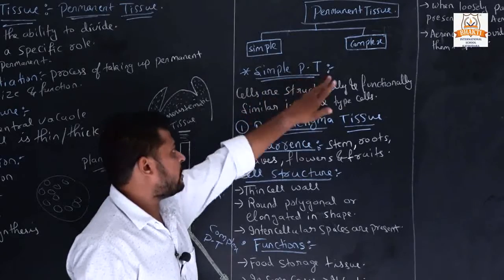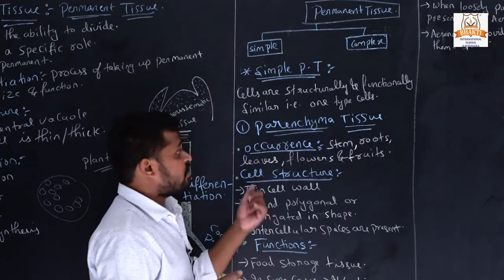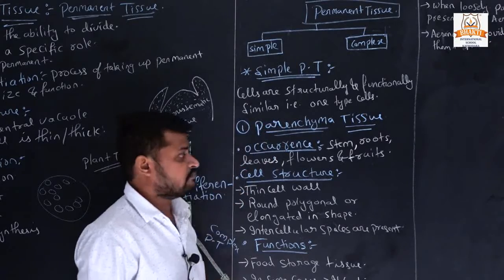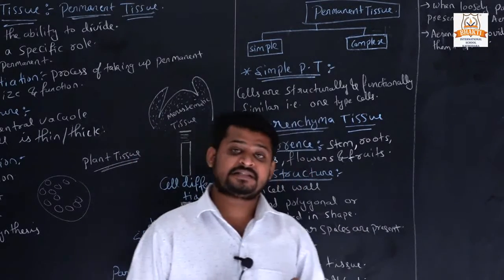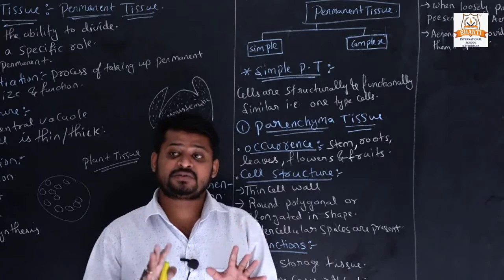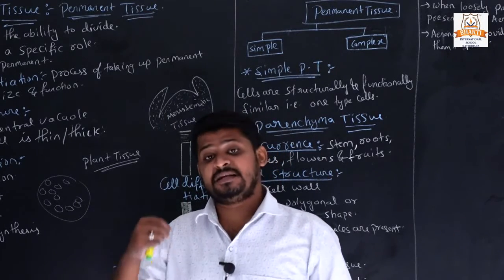What are simple permanent tissues? The cells are structurally and functionally similar, so they are called simple permanent tissue. It means that in simple permanent tissue all the cells are similar and do a similar function.